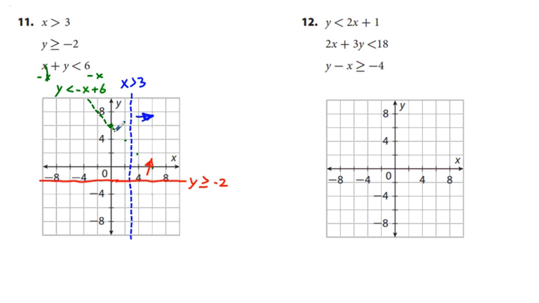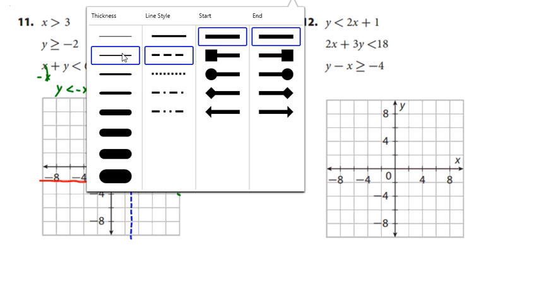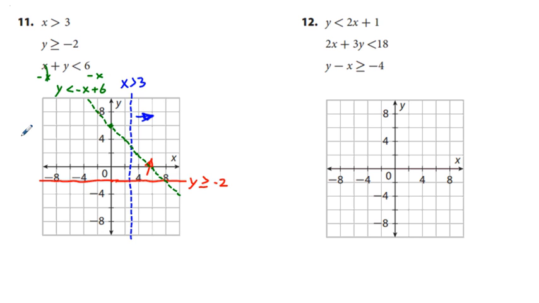And we're going to shade which direction? Below. Okay, so we shade below here. And there it is. So here's the shaded below.